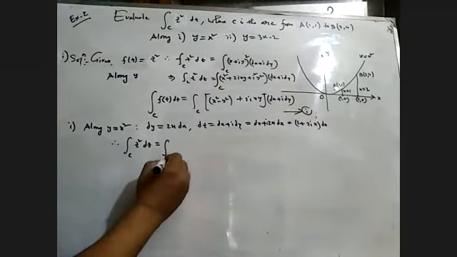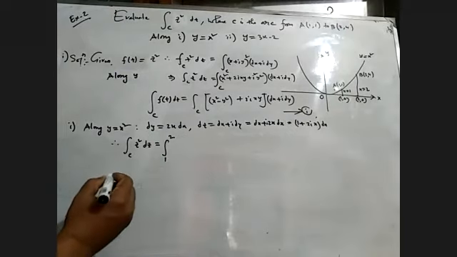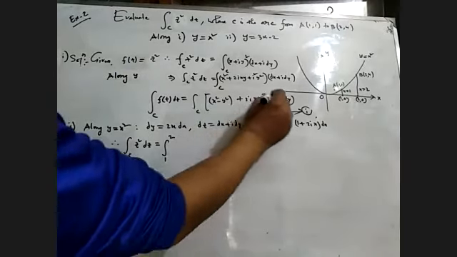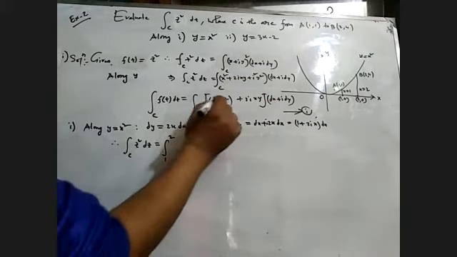Okay, x value changes from 1 to 2. So integral value will be 1 to 2, and we have to put y equals to x square here.